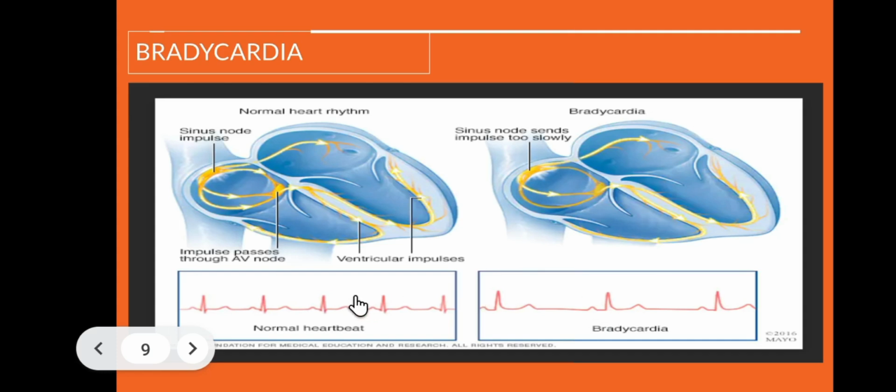So in short, when we are trying to figure out if a certain ECG strip is bradycardia, the only thing that you have to figure out is the distance of your QRS complex. In bradycardia, it's wide.